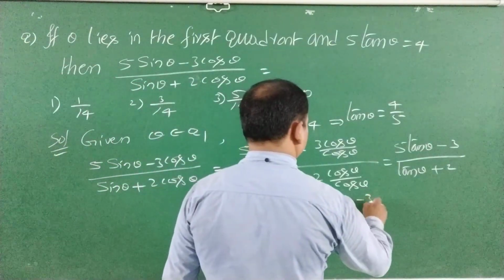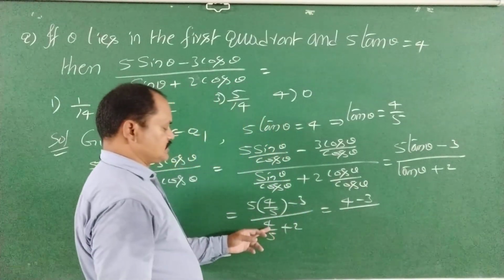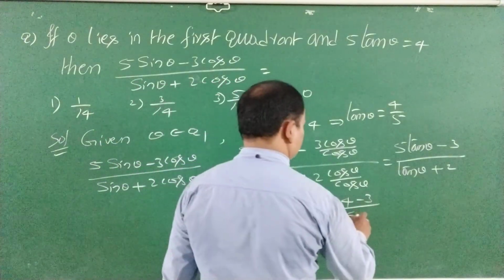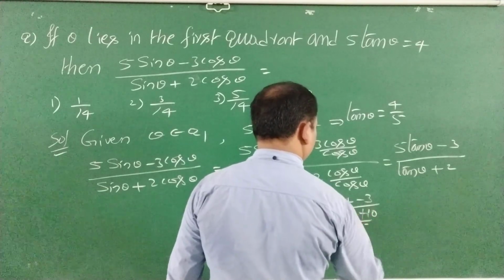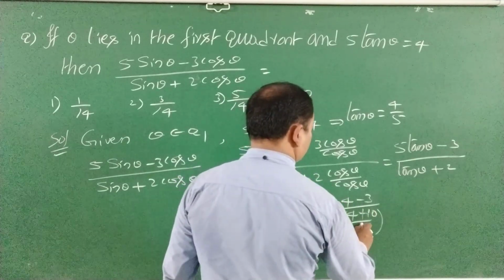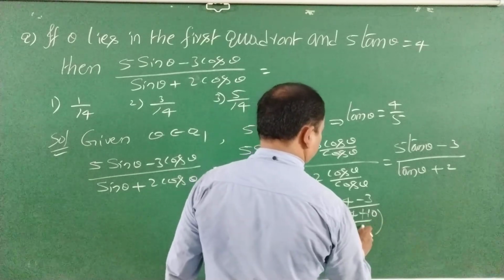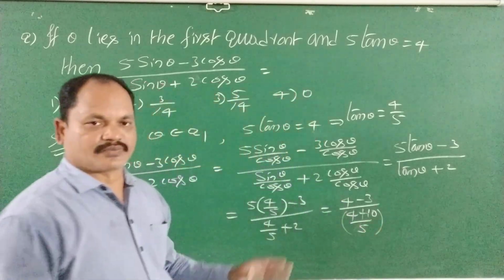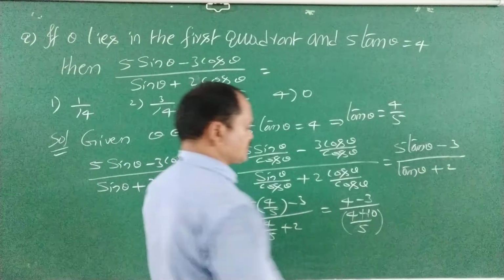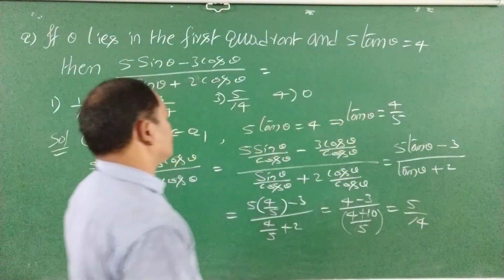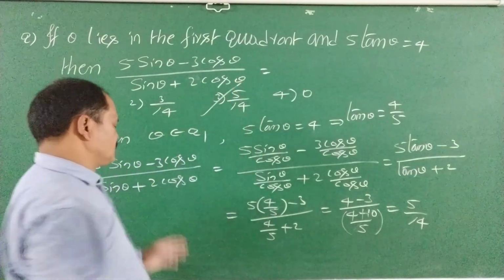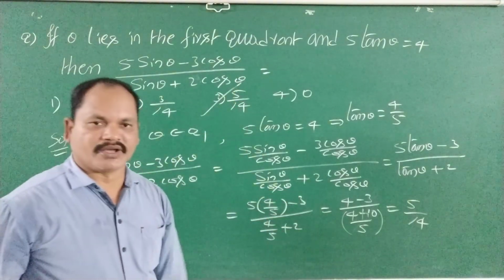Now 4 minus 3, by 4 plus 10 by 5. So 4 minus 3 is 1. Now we have to write the reciprocal, then it is 5 by 14. So that is the third answer. The value of this one is 5 by 14.